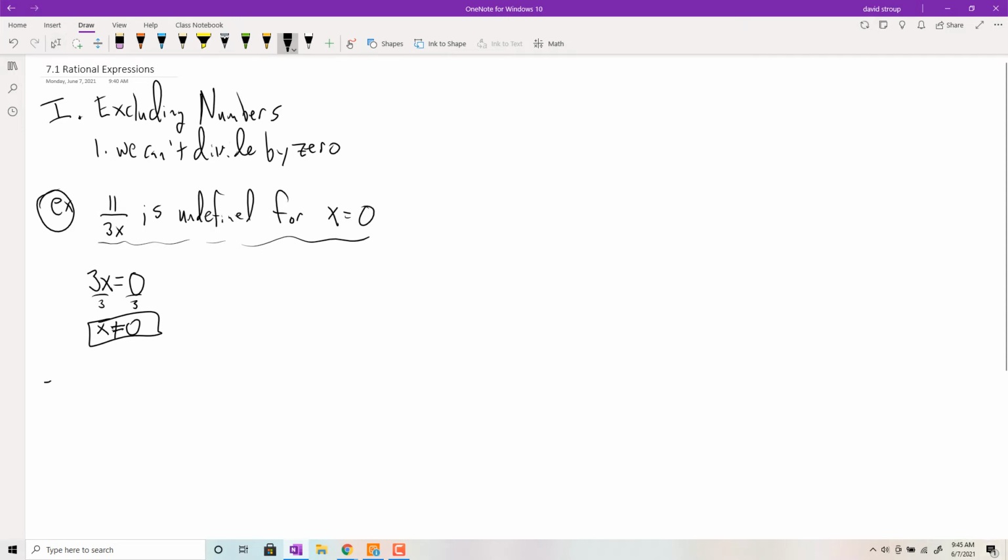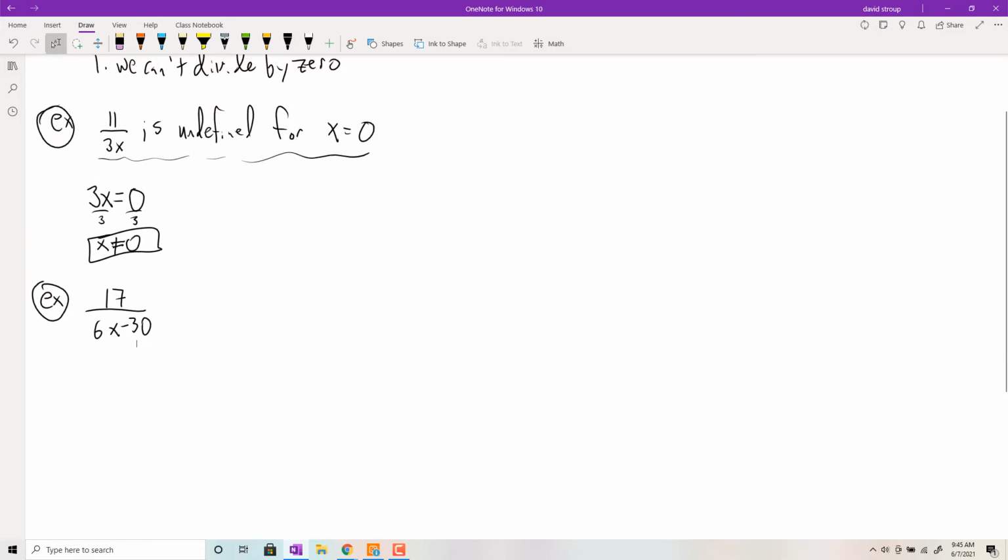Let's look at a more complicated one, maybe a little harder to guess what the restricted number is. We have 17 over 6x minus 30. Again, you could probably guess, but I'm not much for guessing. I'm more of just put it into the machine and let the machine do the work.